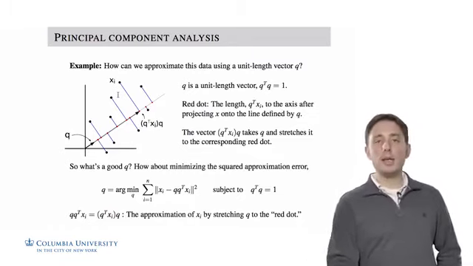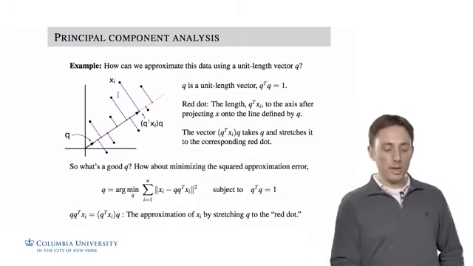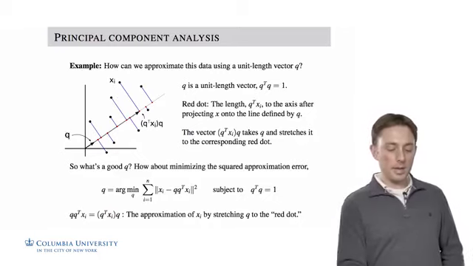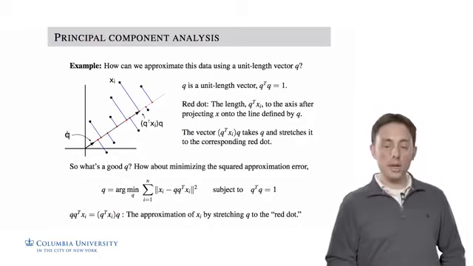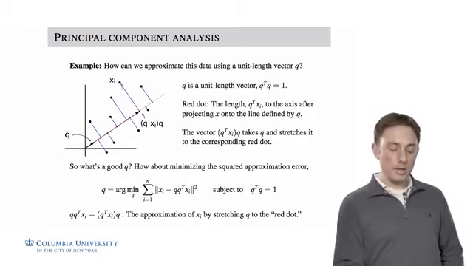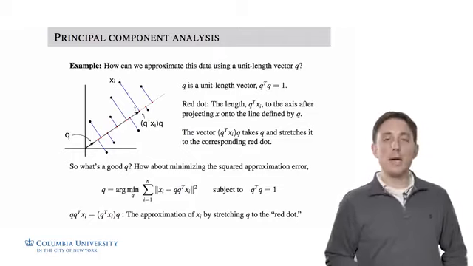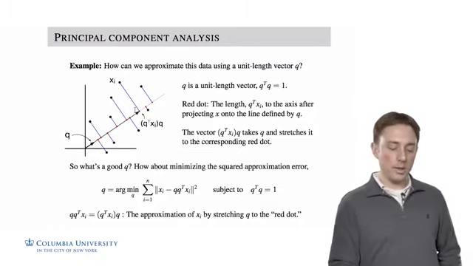PCA essentially does this problem. It says, take this vector q, make it unit length, and now represent each of these data points by dropping a line perpendicular to the line constructed by the direction of q. So this arrow q defines this line here. And now we're going to take each of these points and drop it to that point there, perpendicular to q.